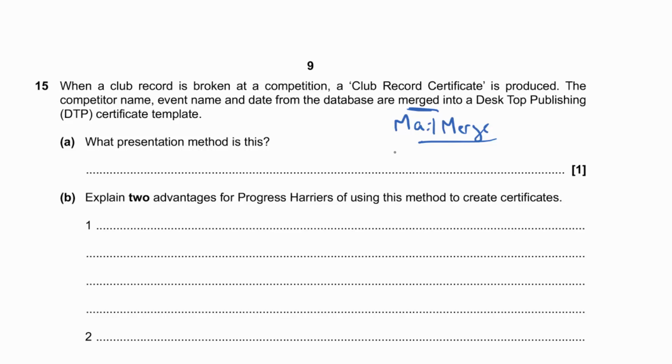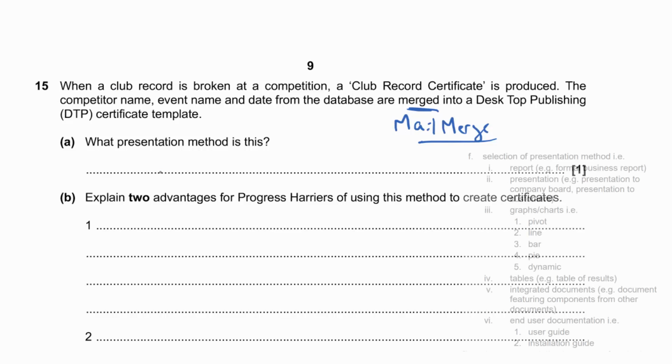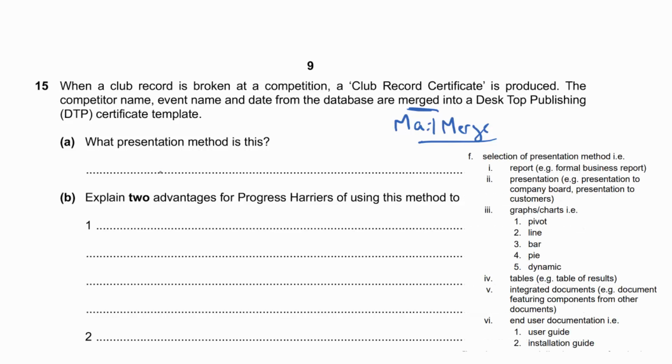So for a one marker like this, it's just going back to recall. So have you learnt what's on the spec? Well, the list I give in LO6 is, so graphs, charts, having an actual report, having user documentation. But the one it is we are using integrated documents. So it's an integrated document here.